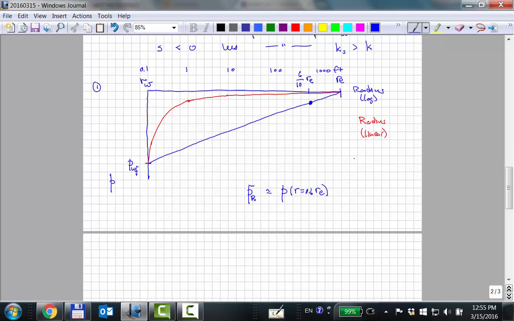So what you can do then is rewrite that steady state equation as KH, P average, log 0.6 RE over RW.